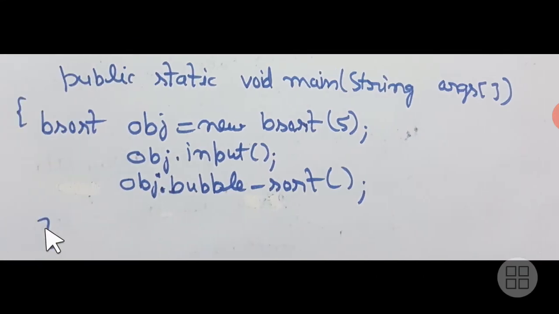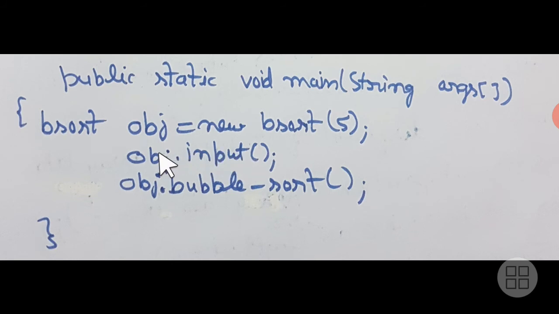After that, students, we have a main function where the object will be created and different functions will be called. So students, here public static void main string args, that is the main function, curly brace open, we create the object of bsort, that is obj equal to new bsort, where 5 is the size, which is a parameter, then obj dot input. So the array of this object will now have the data.